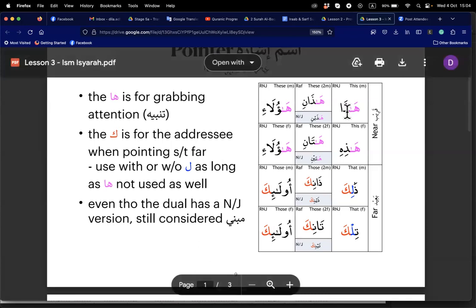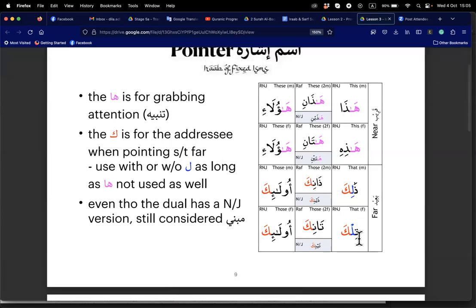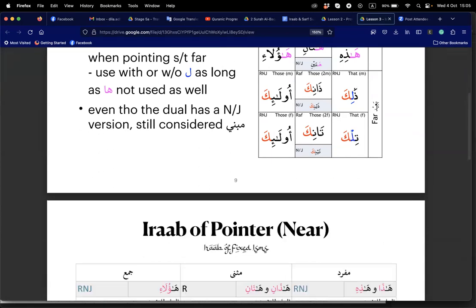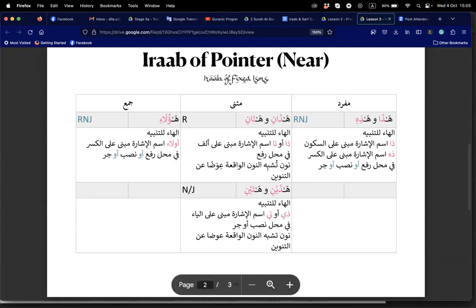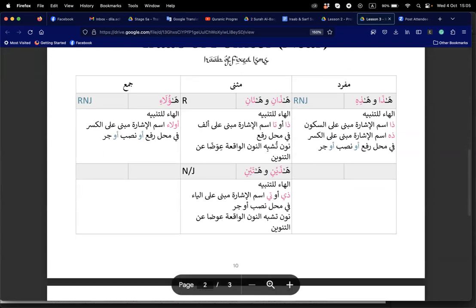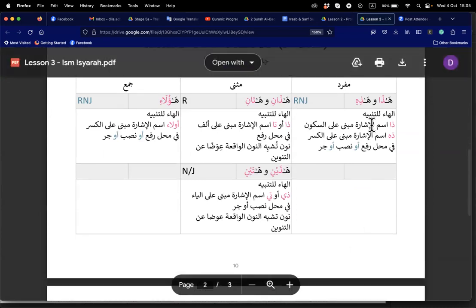Okay, you just have to remember that all these parts here, the black ones, are your actual Ismul Isyarah. Otherwise, for the I'rab part, basically for ha, you will say ha is for tanbih, lil tanbih. Jar majrur here.